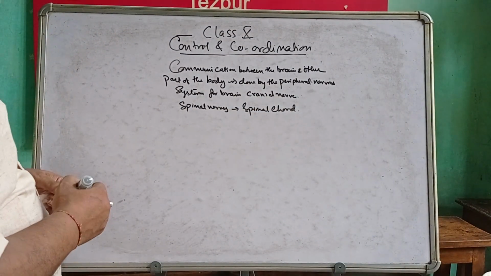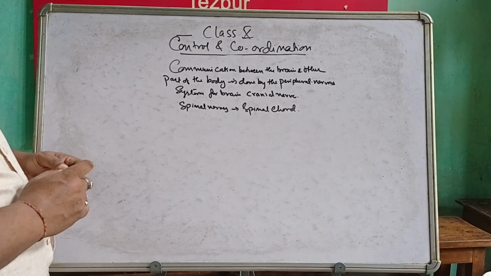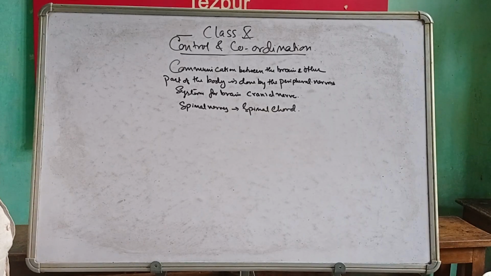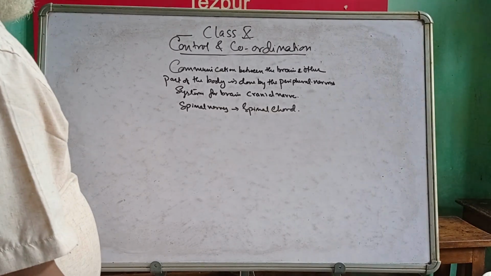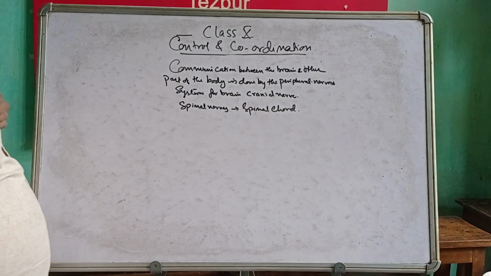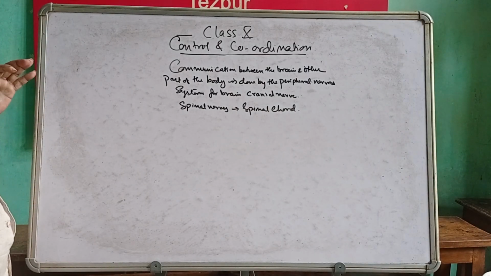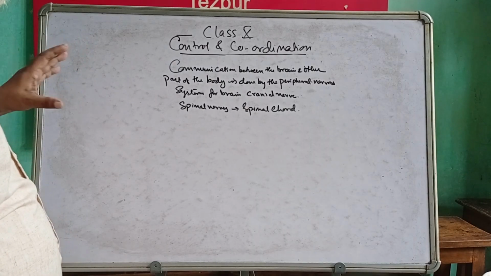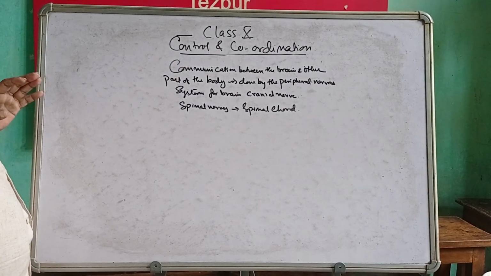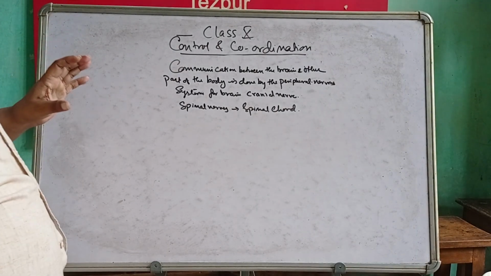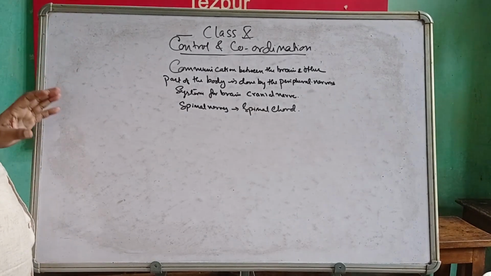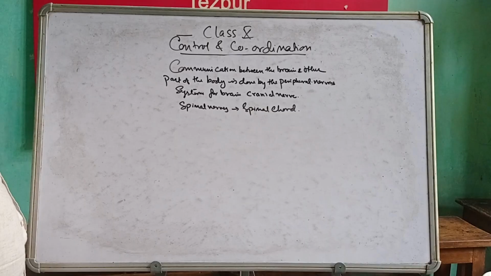So communication between the brain and the other parts of the system is done by the peripheral nervous system: cranial nerves for the brain, and spinal nerves for the spinal cord. So in a nutshell, your textbook has tried to explain how the activities and the muscle tissues are controlled.